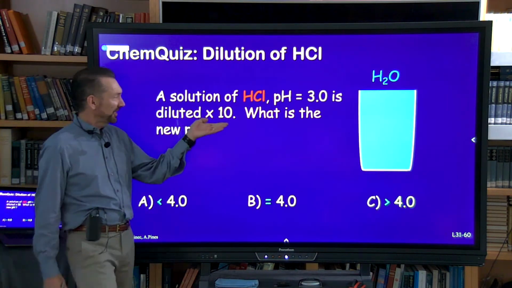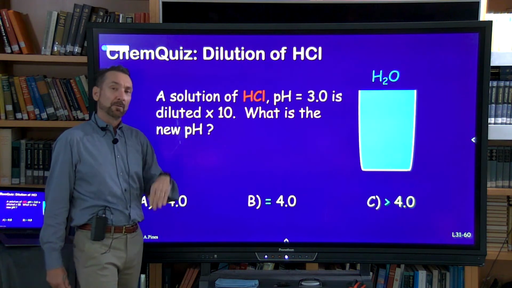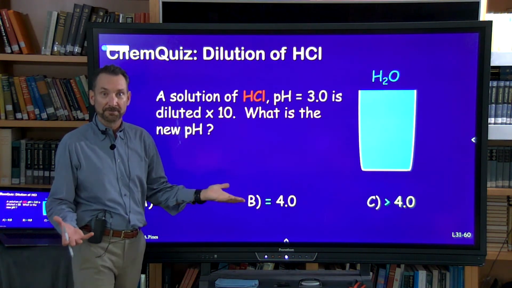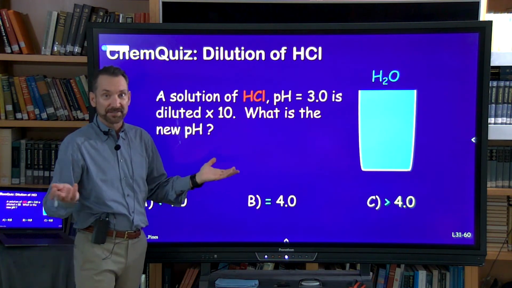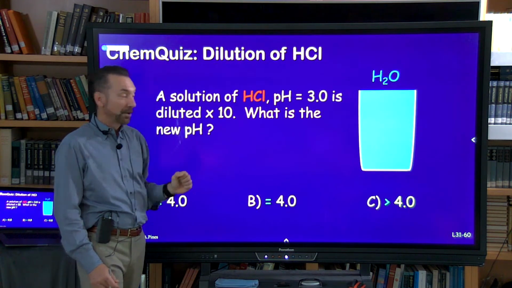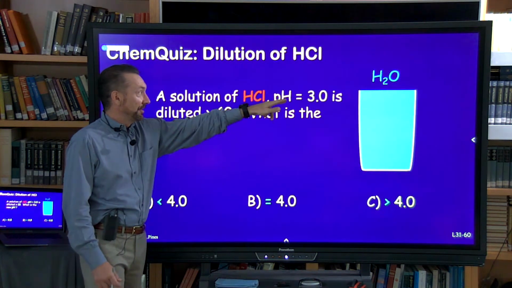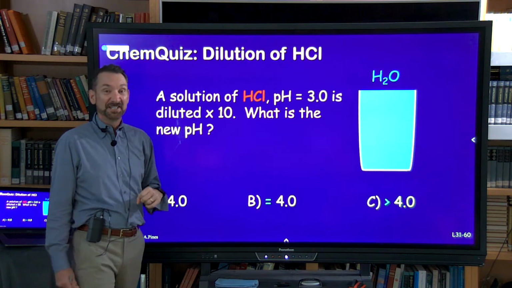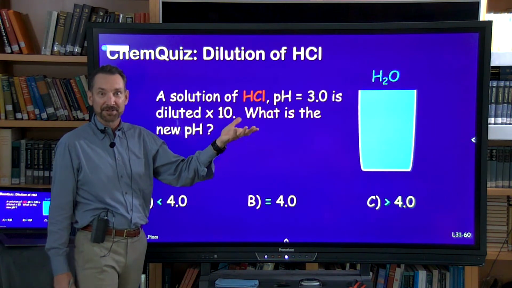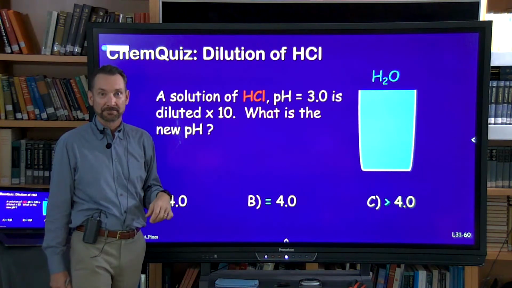Well, the pH scale goes by factors of 10. One pH unit is a factor of 10 in the concentration, that's what log base 10 means. Every unit is a factor of 10. So pH 3 is 10 times as acidic as pH 4, 10 times the H3O+ concentration.